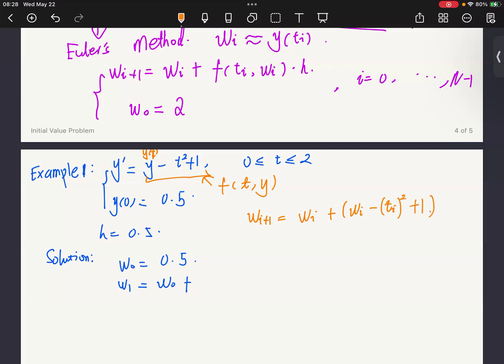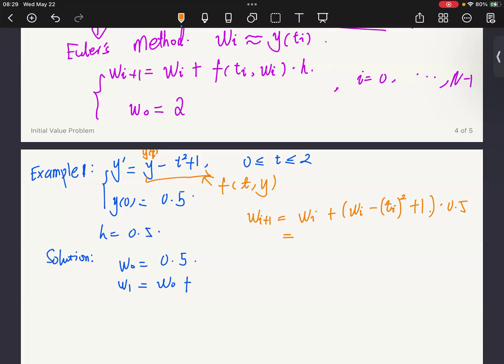So at the end of the day, let me see, am I right here? Is there anything wrong here? There is also the step size, and the step size is 0.5.